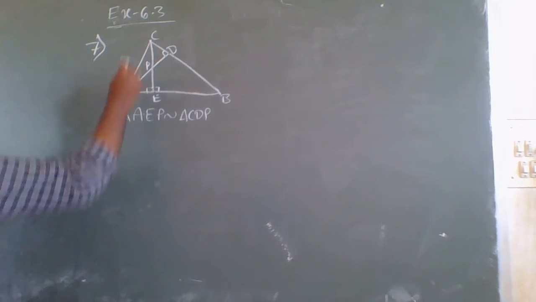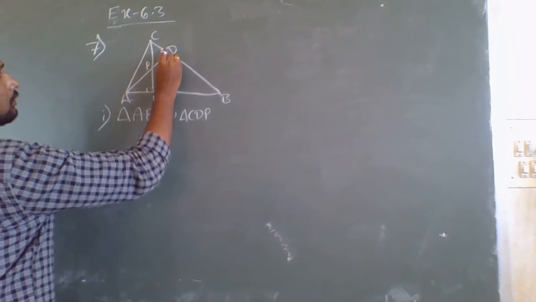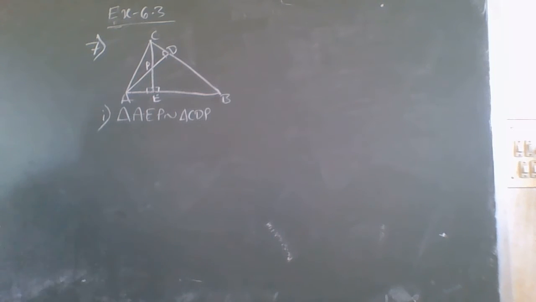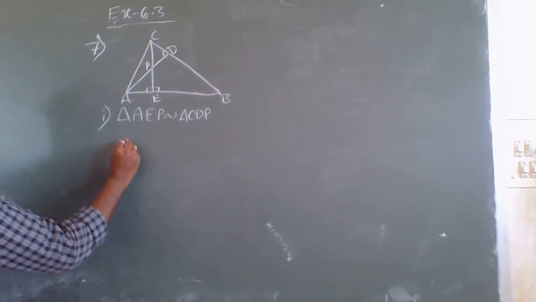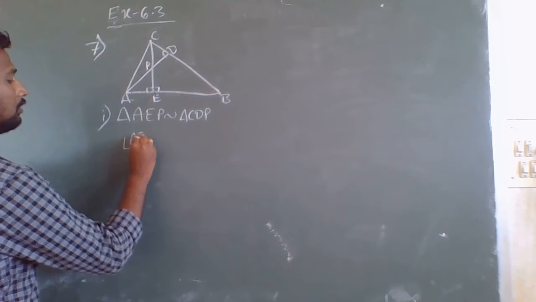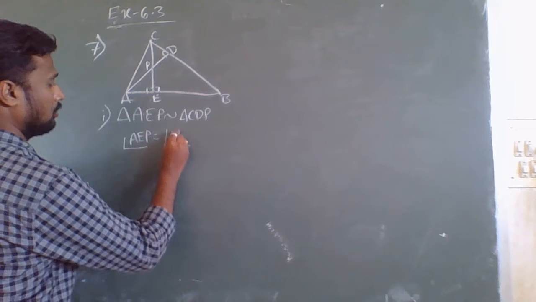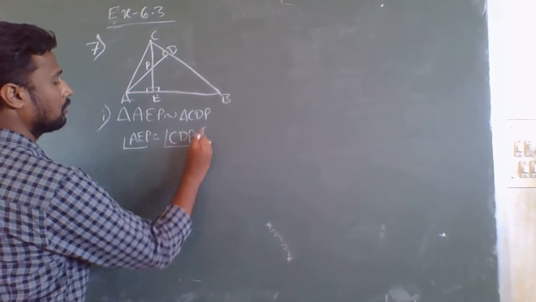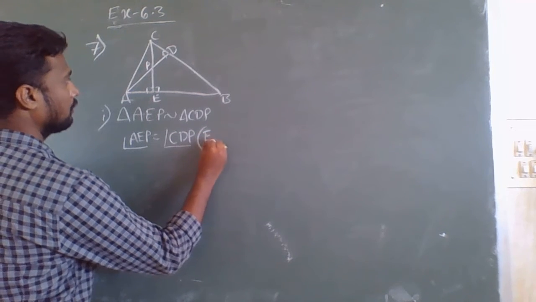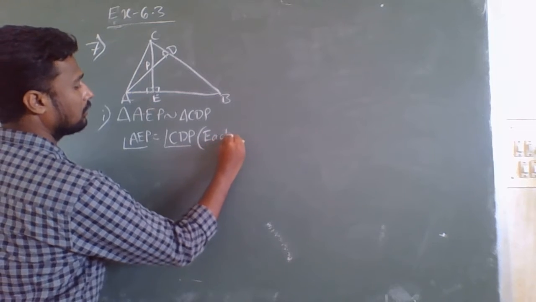Here CDP is also perpendicular. These two angles are equal because both are 90 degrees. So I will write angle AEP is equal to angle CDP. Each angle is 90 degrees.